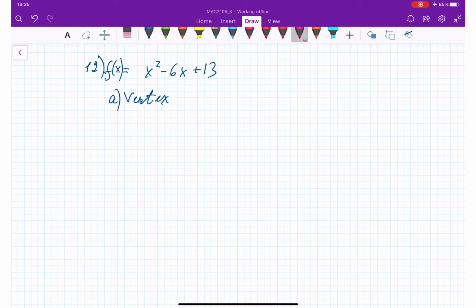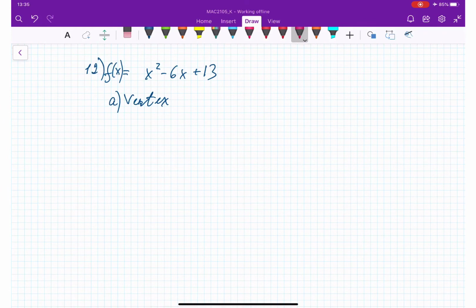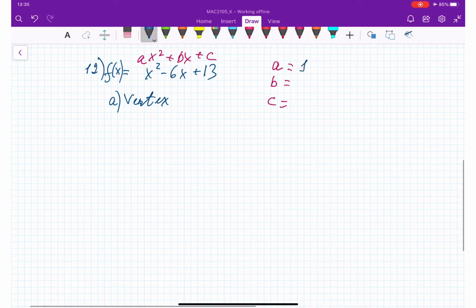So the general form of a quadratic equation is ax squared plus bx plus c. All right? Let's write down what is A, what is B, what is C in our case. So my A is going to be +1 because there is no other coefficient.